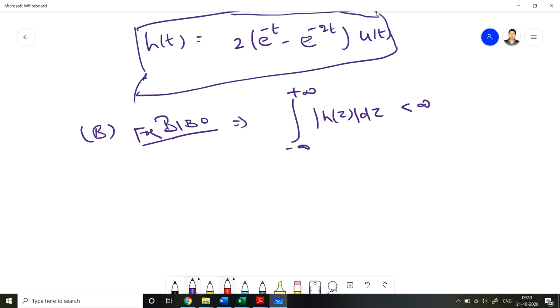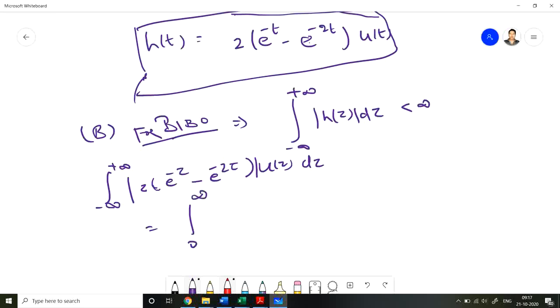It is the integral of modulus of (2 e raised to the power minus tau minus e raised to the power minus 2 tau) u(tau) d tau.